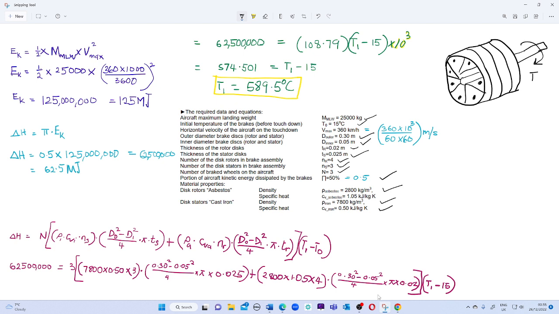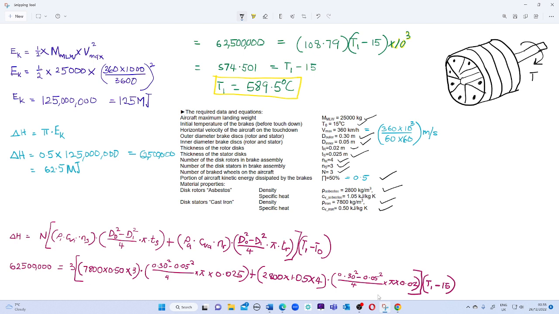First of all, we use the formula given, which is EK, the kinetic energy of the aircraft, which is half of the aircraft maximum landing weight multiplied by the horizontal velocity of the aircraft at touchdown squared.